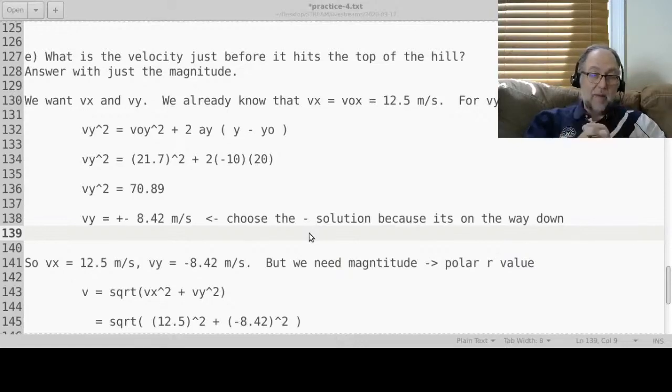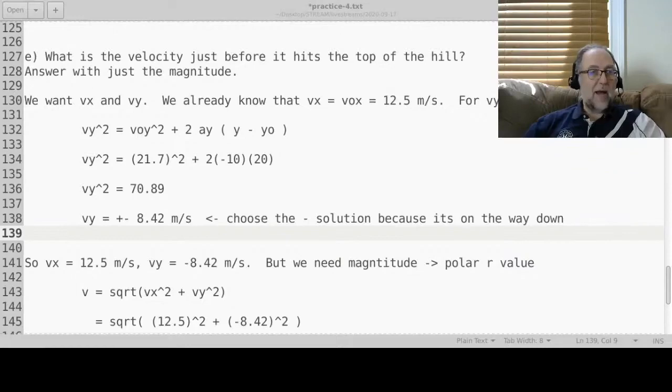If you'd taken the positive, it would give you a vector in the first quadrant going upwards, and that's wrong. That's on the way up, but on the way down, the vector's pointing into the fourth quadrant. So you get the direction wrong if you didn't use the negative instead of the positive. Even when you just take the square root of something, your calculator will give you a positive number. You want to consider both.